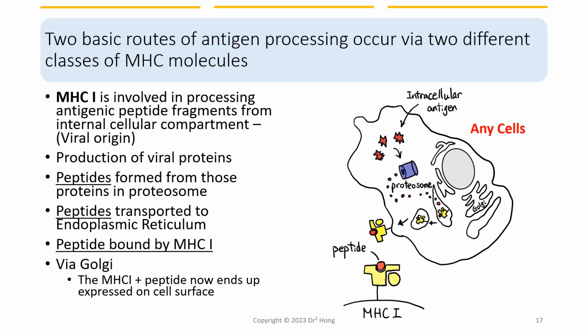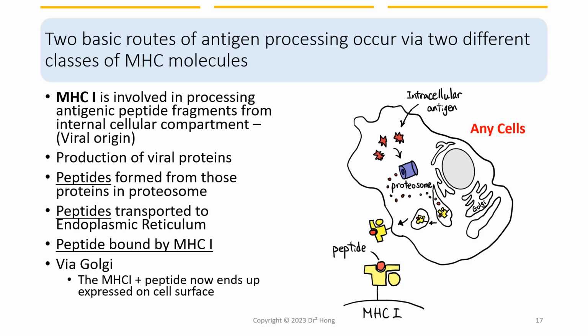At the same time, the Golgi also has the MHC class 1 molecule transported and fused into a vesicle, and those peptides bind to the MHC class 1 molecule and are transported to the surface of the cell.